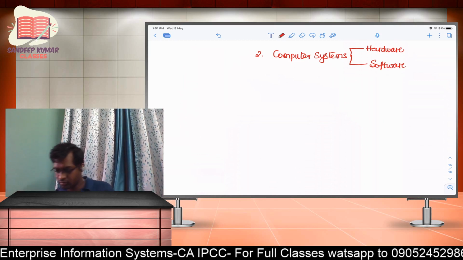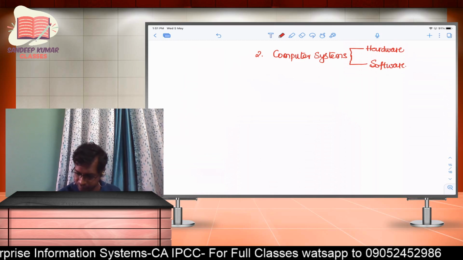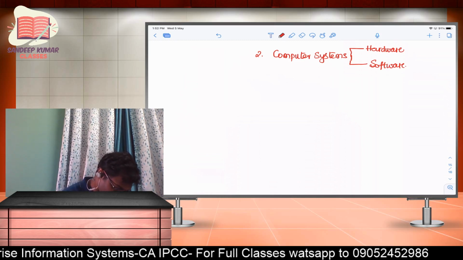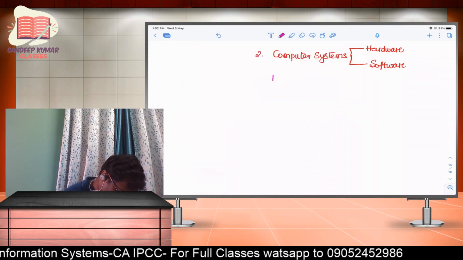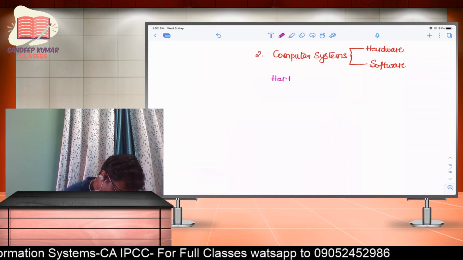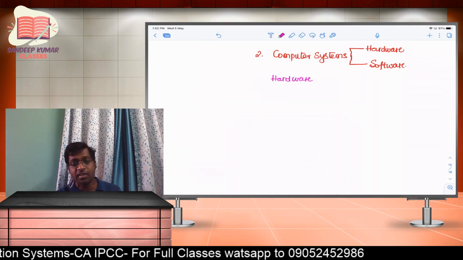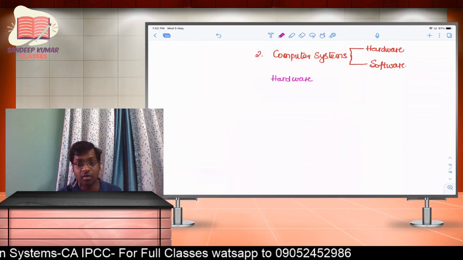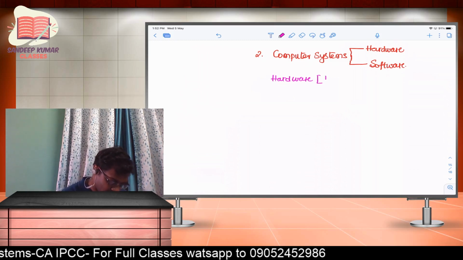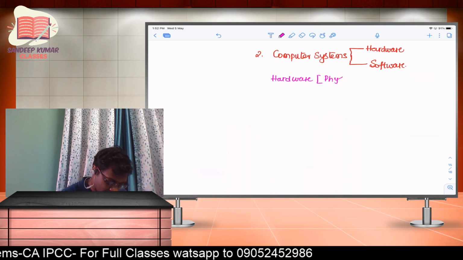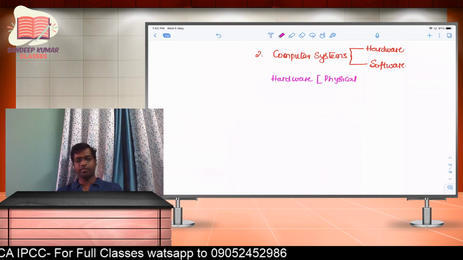Now, in hardware, we will understand what a hardware is. A hardware is nothing but any physical component of a computer.